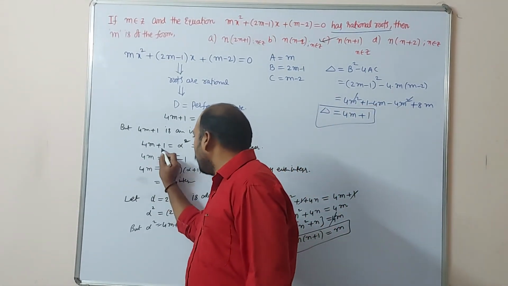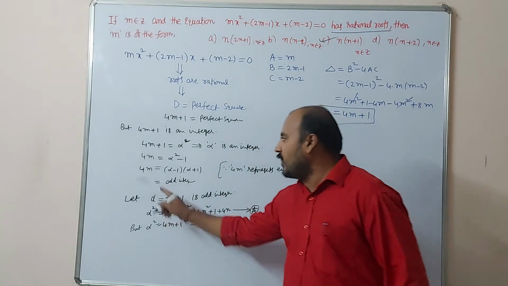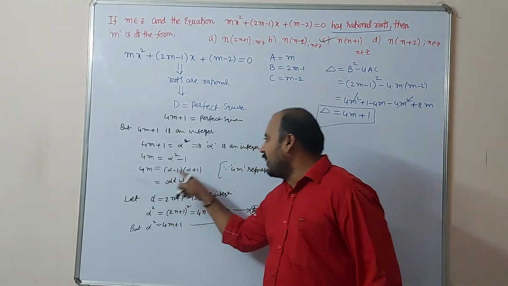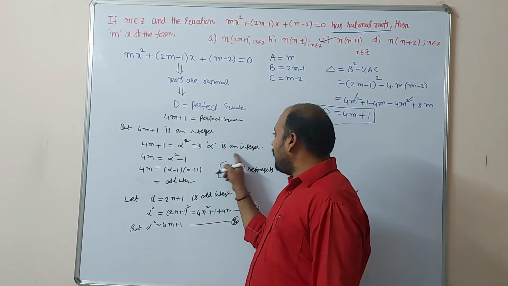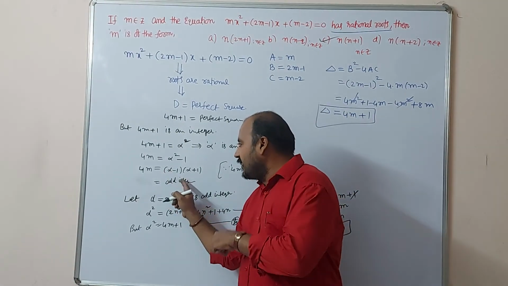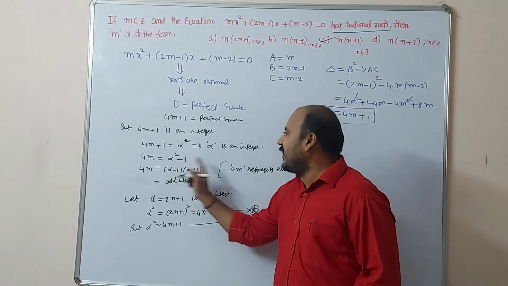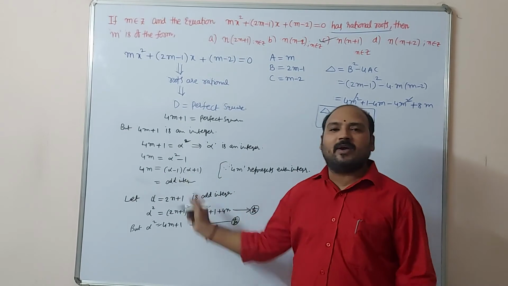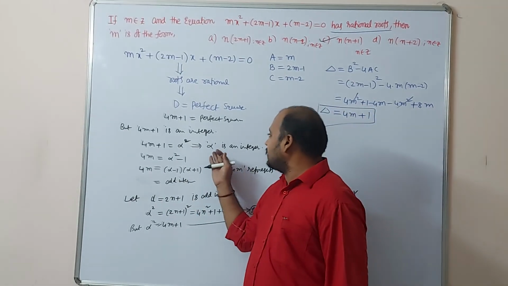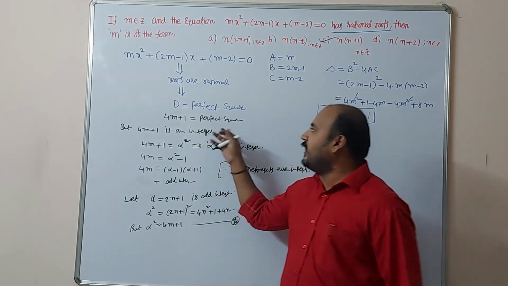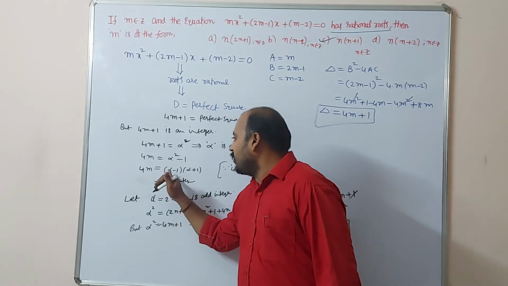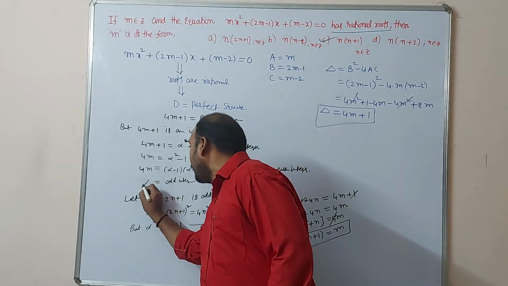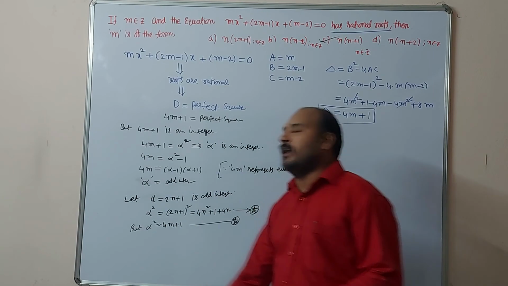So taking 4m equal to alpha square minus 1, 4m can be written as alpha minus 1 into alpha plus 1. Whenever alpha is an integer, alpha minus 1 and alpha plus 1 are both integers. Why? Because 4m plus 1 is an integer, we got it.